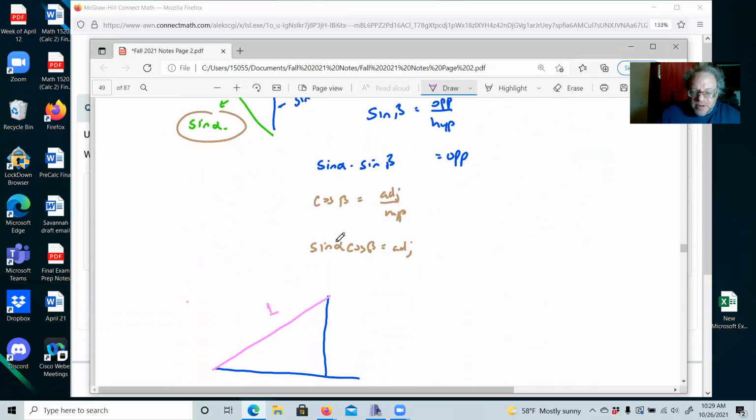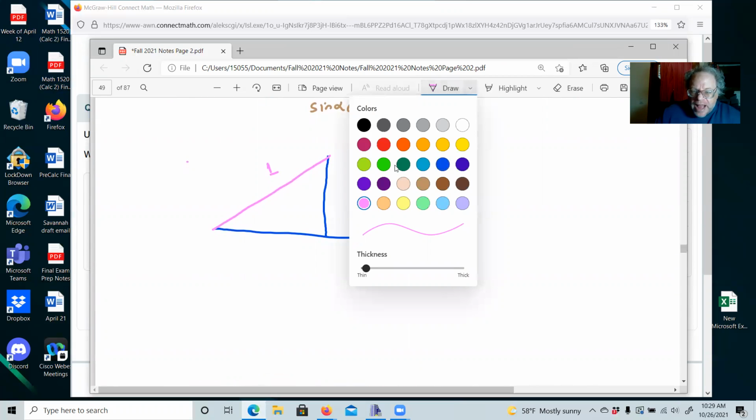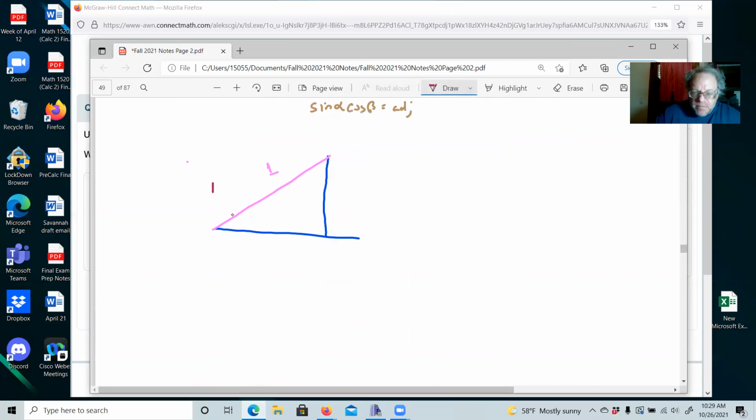But we have to figure out an angle. So the other angles in this corner, there was an alpha plus a beta up here. This was an alpha and then a beta. So this is 90 minus parentheses alpha plus beta.